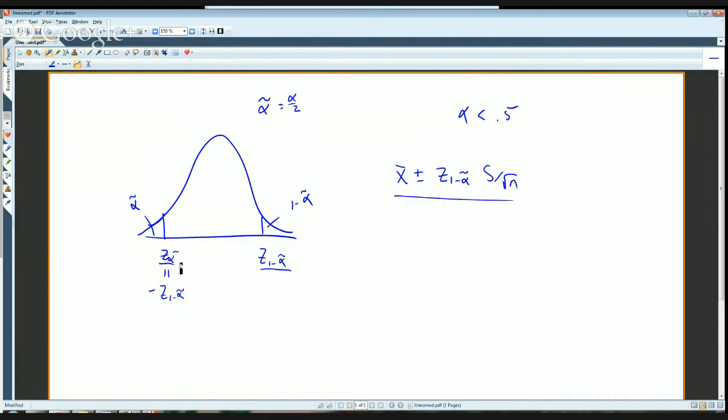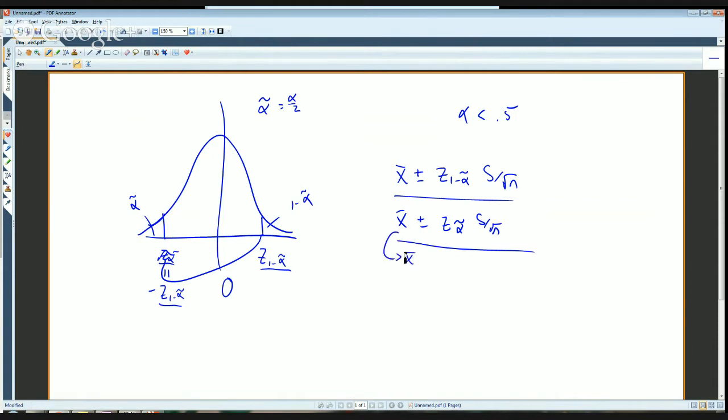If I were to plug this guy in, I would get x bar plus or minus z alpha tilde s over square root n. And then because this guy we just wrote down is equal to the negative of this, it's symmetric about 0. So if this is the positive number, when I flip it around, it's just the negative of that number. Then this guy right here is going to be equal to x bar plus or minus negative z 1 minus alpha tilde s over square root n.